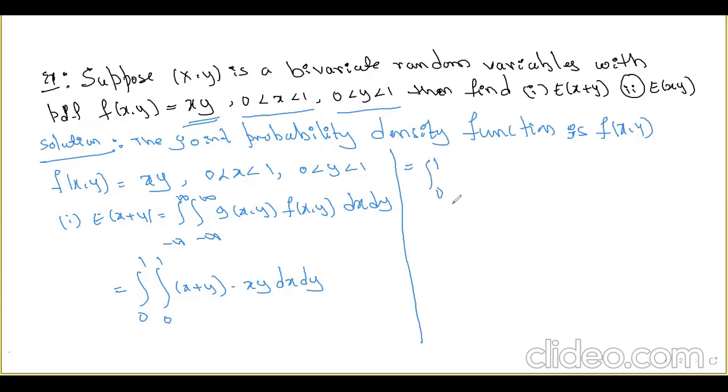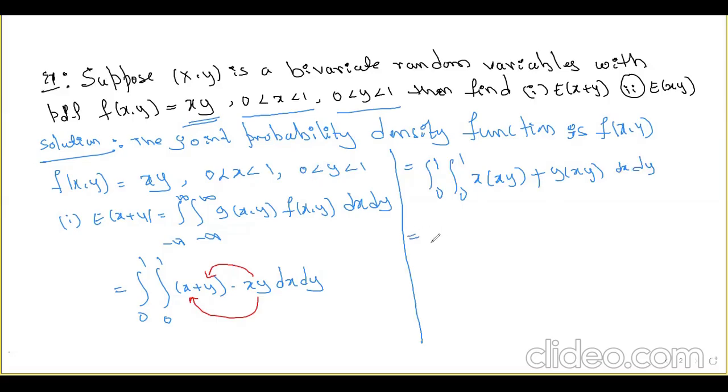First I will multiply this xy into x, and later xy into y. So from 0 to 1, 0 to 1, first x into xy plus y into xy, dx dy.